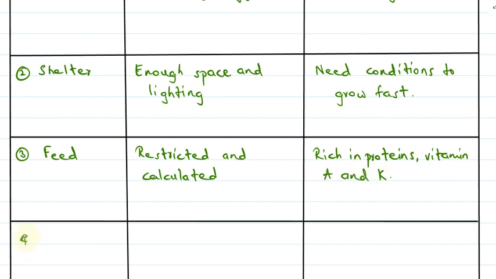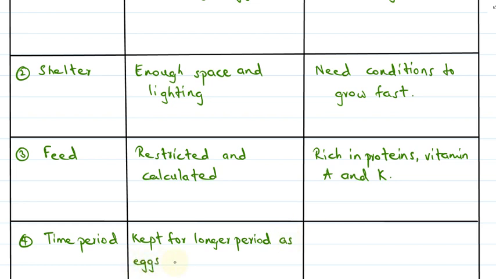Okay. Then the fourth parameter is the time period. Okay. So here the layer is kept for a longer period as the eggs are produced.